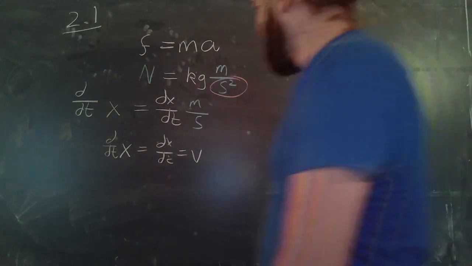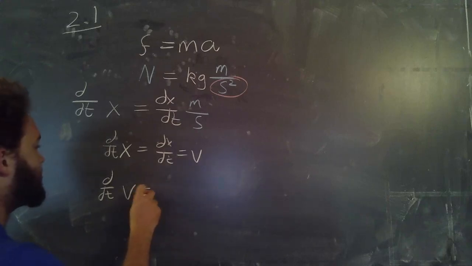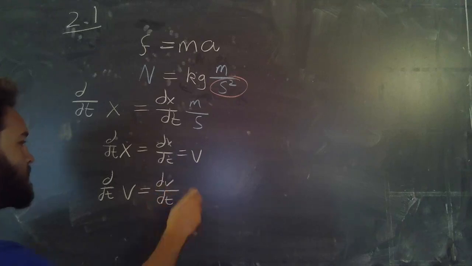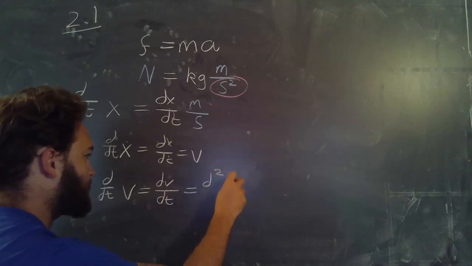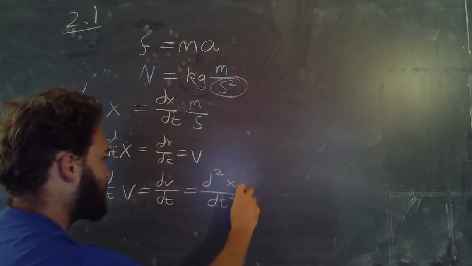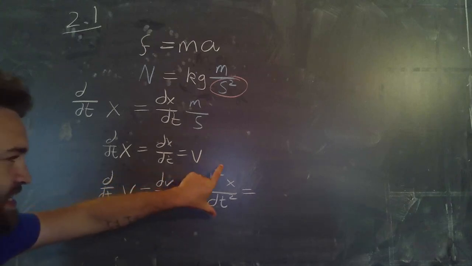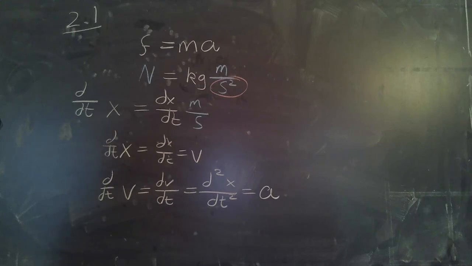And we can play a similar game with acceleration. If we take velocity and we do another time domain derivative, then that's going to give us this dv dt, which is the same thing as the second derivative of the position, because notice that we took a derivative of position to get velocity, so if we do a successive differentiation here, that is a second derivative of position, which is the acceleration, which is the rate at which velocity changes.